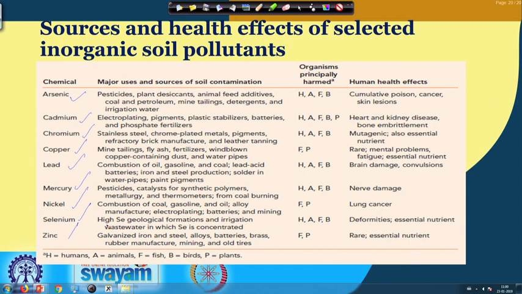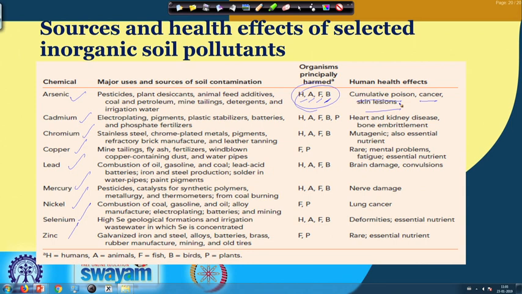For example, in the case of arsenic, pesticides, plant desiccants, animal feed additives, coal and petroleum, mine tailings, detergents and irrigation water are the major sources. The organisms principally harmed are humans, then animals, fish and birds. All these are adversely affected by arsenic, and the human health effects, you can see, are cumulative poisoning, cancers and skin lesions.